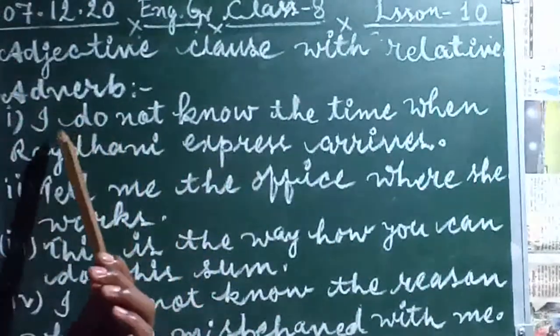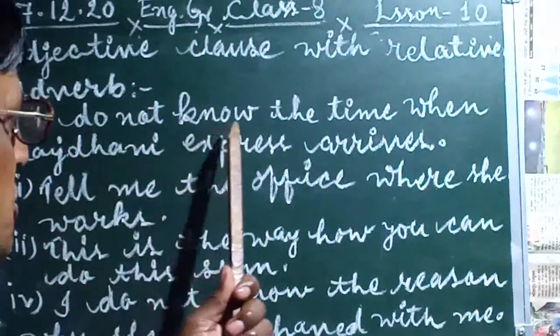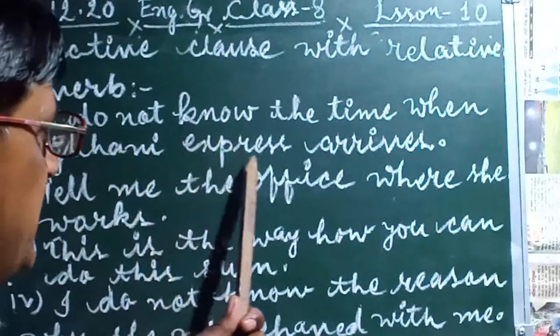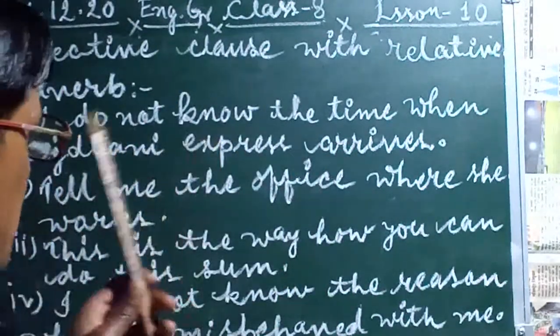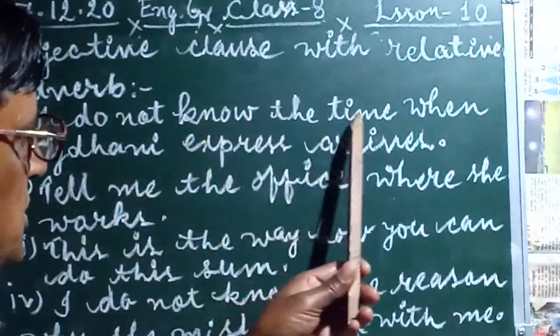So students, I am taking here number one: I do not know the time when Rajdhani Express arrives. Here there are two sentences: Rajdhani Express arrives, and I do not know the time.